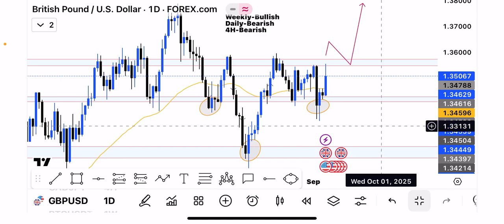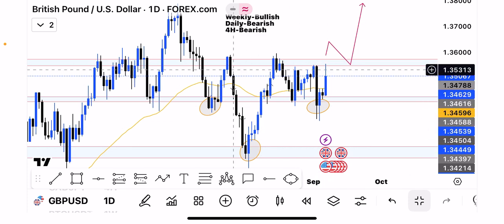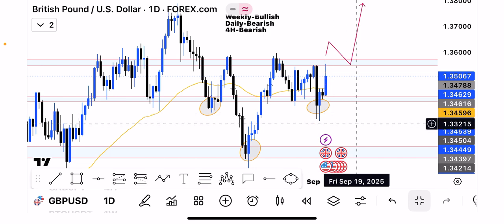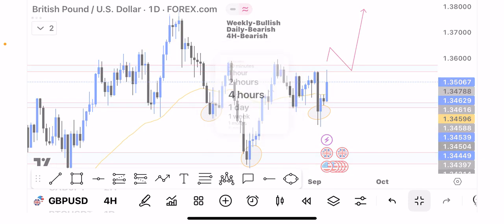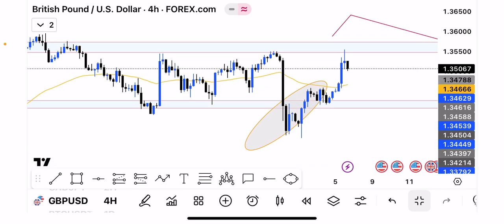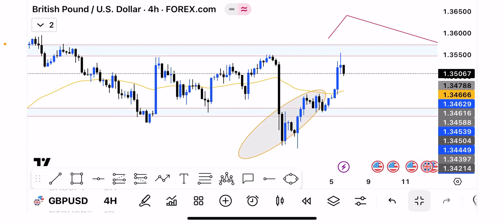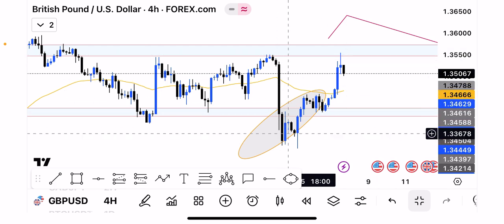You see it is clearly bearish on the daily time frame. Get? And also on the 4-hour time frame, we are also bearish. You see this drop here, from here to here, we are bearish.